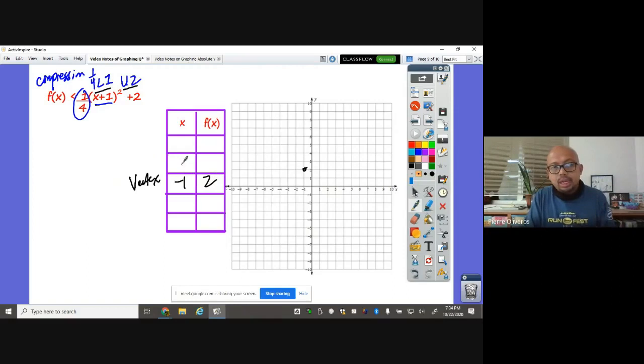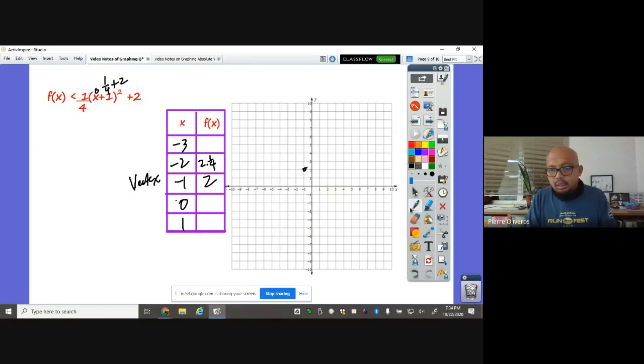So pick numbers before negative 1. So I'm going to have negative 2 and negative 3, 0 and 1. Let's plug in the 0 first here. 0 plus 1 is 1. 1 squared is 1, times 1/4 is 1/4. 1/4 plus 2 is 2.25, or 2 and 1/4.